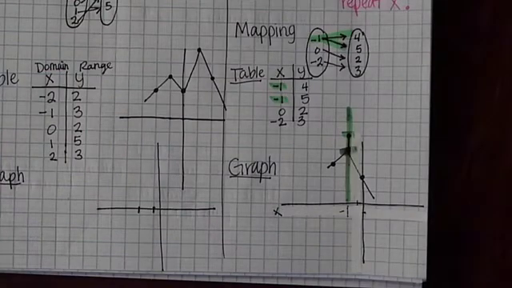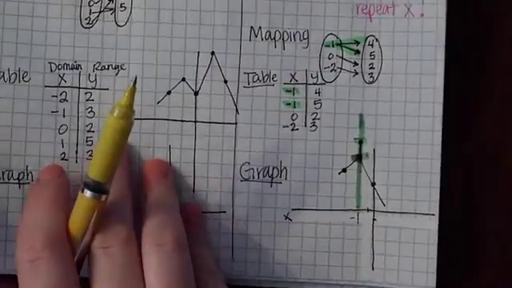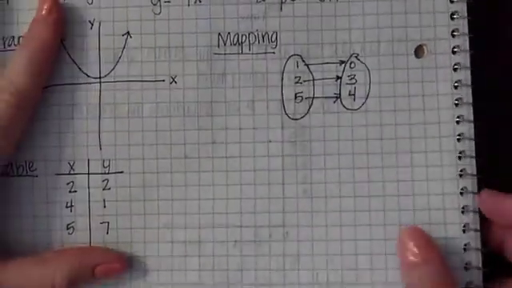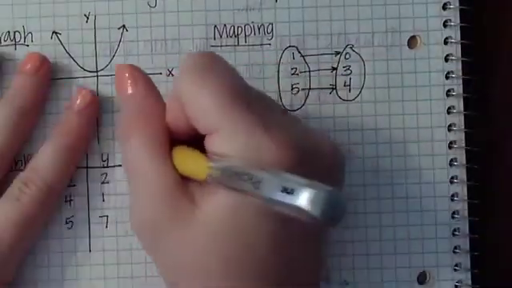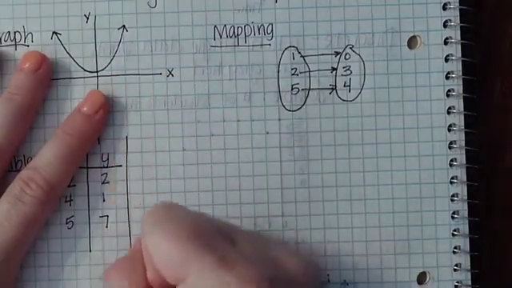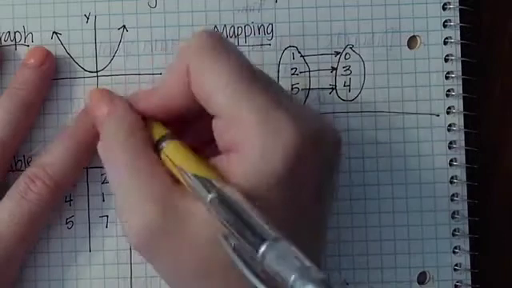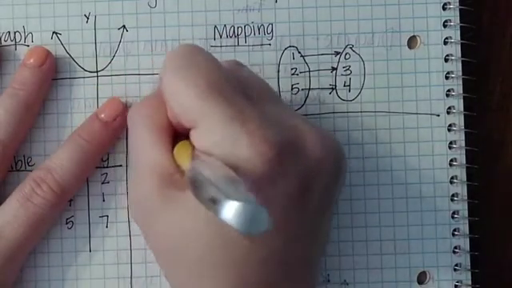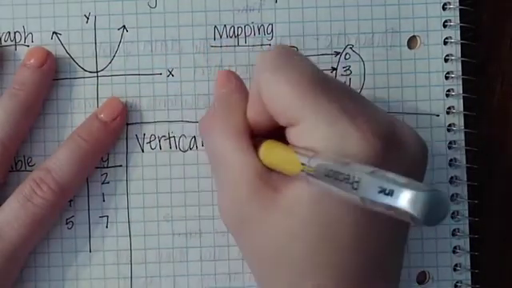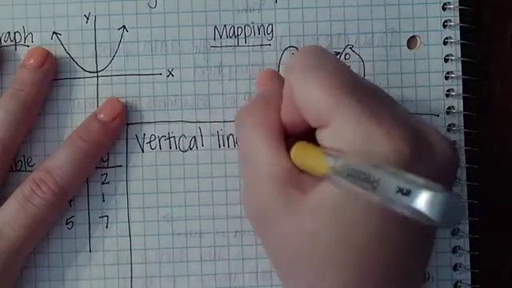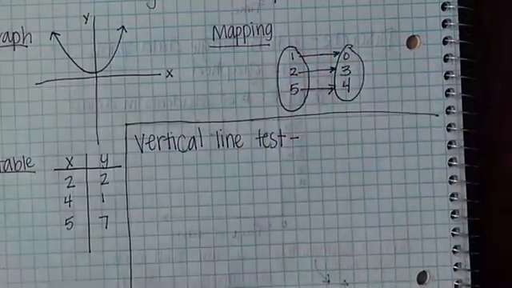So what we're actually going to call this, and it's our next definition, is the vertical line test. Okay. Sorry, that sounded like George of the Jungle. Okay, so here we're going to have vertical line test.